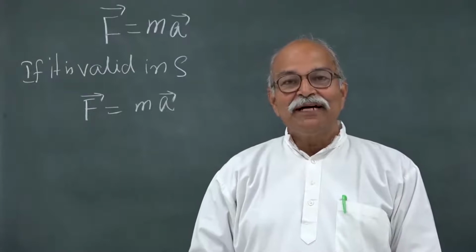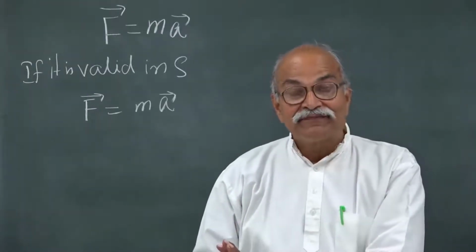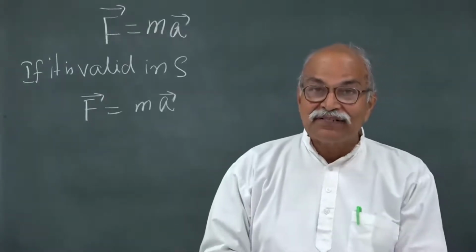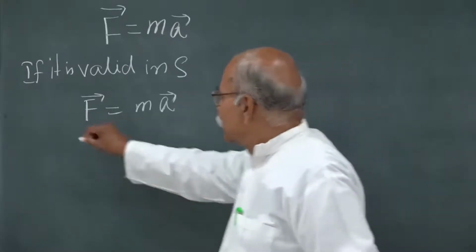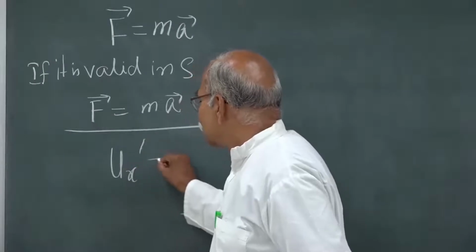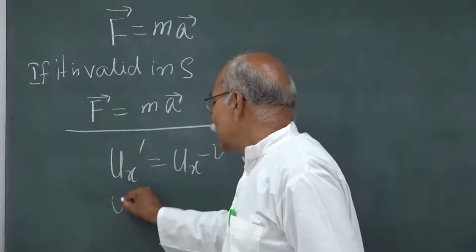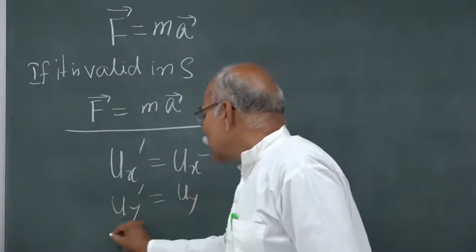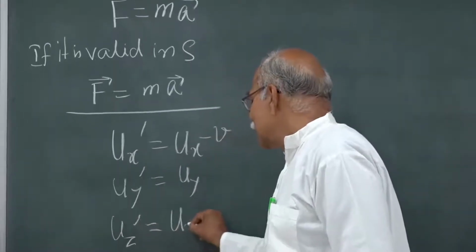But then when it comes to speed of light, which is same in all inertial frames of reference, Galilean transformations do not work, because in Galilean transformation we had seen that ux prime is equal to ux minus v and uy prime is equal to uy and uz prime is equal to uz.